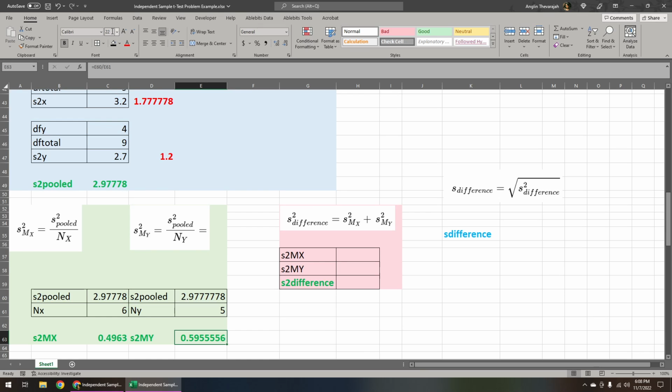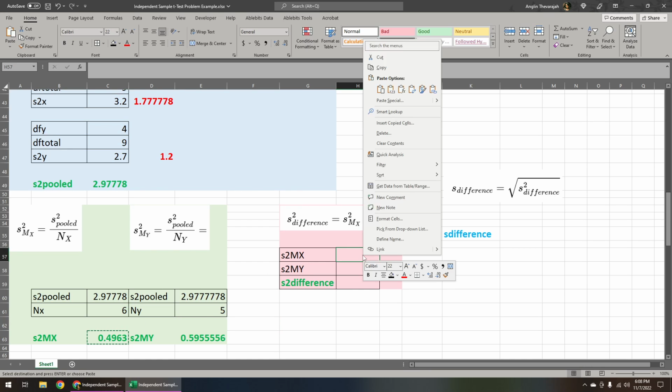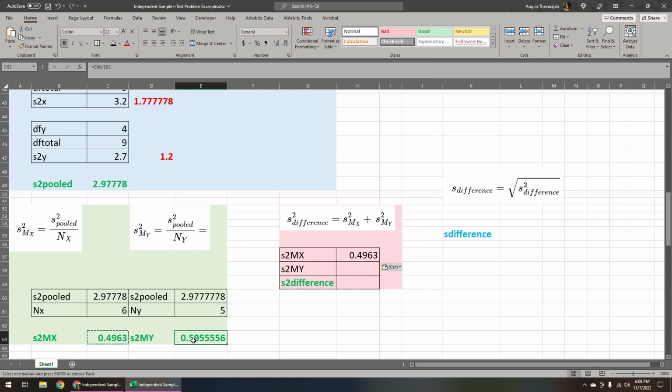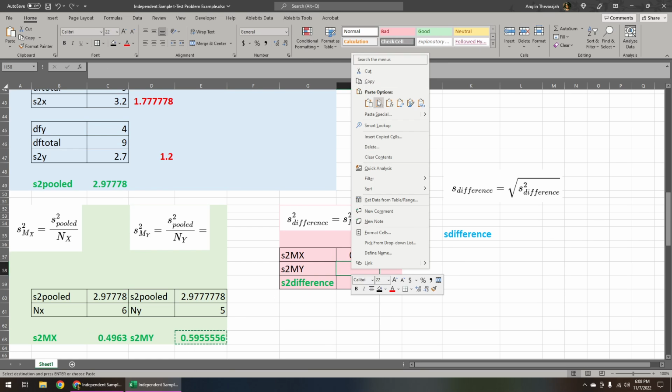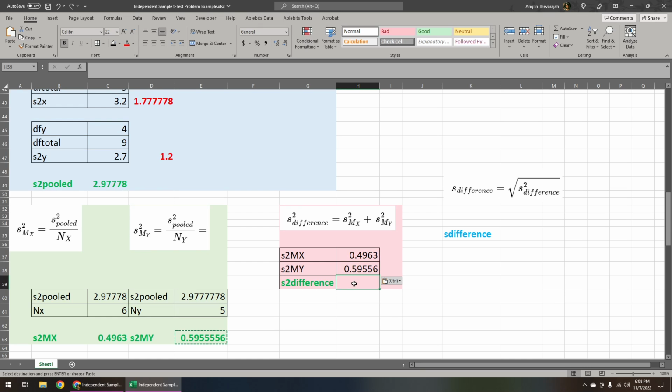So essentially you should have 2 of these. Now bring this one over here. And now S2 difference is going to equal this plus this. And then S difference will equal the square root of your S2 difference.